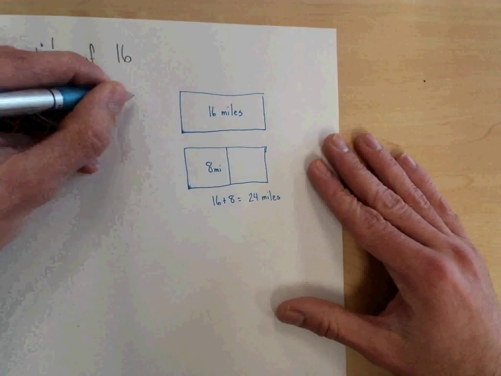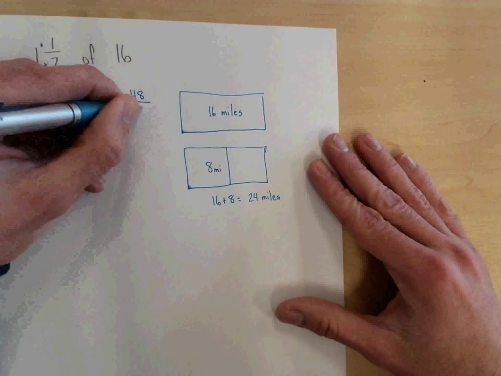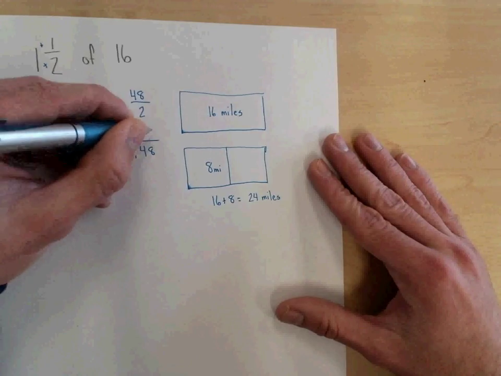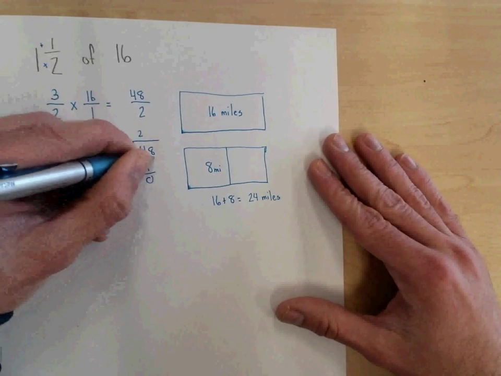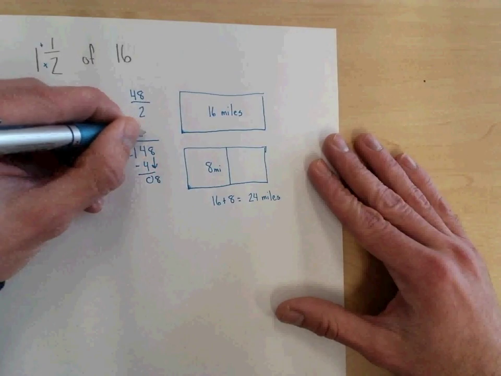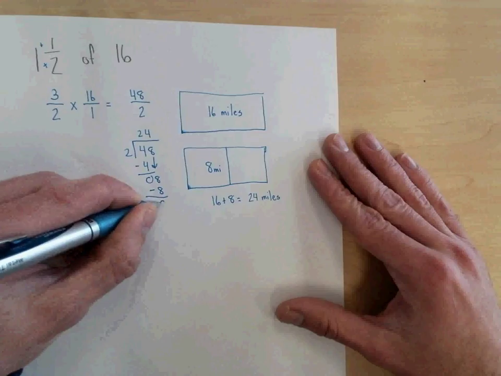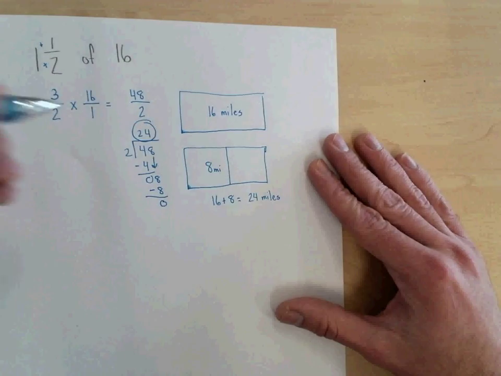What some students might do is multiply across, make this 48 over 2, and then divide 48 by 2. That goes in there 2 times, which is 4, 0, bring down the 8, and that makes that 4. 4 times 2 is 8. We subtract that, that's 0. Our answer here is 24.